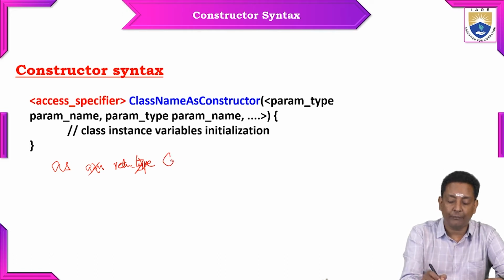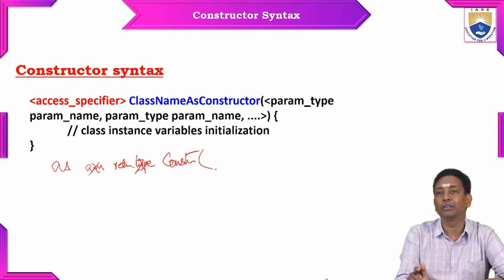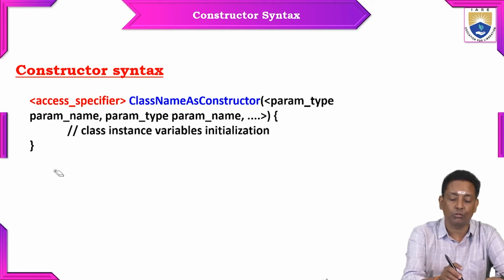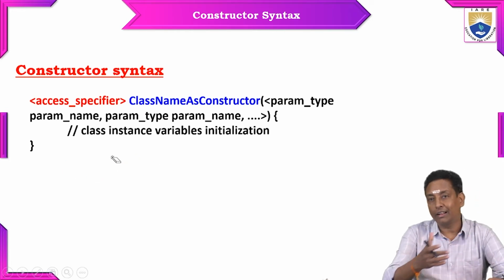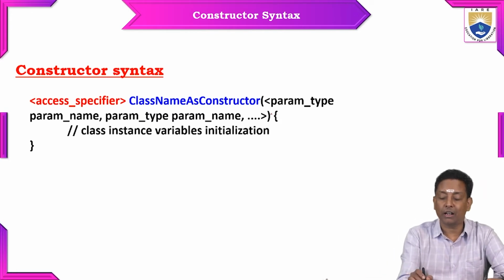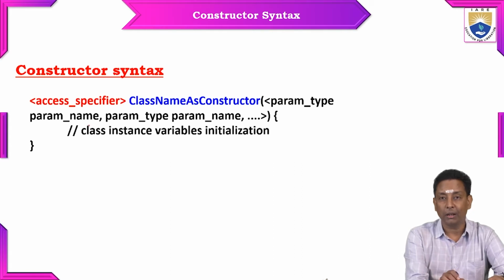Then followed by the constructor name, same as the class name, and then a list of parameters. We can write no parameter, one parameter, or any number of parameters as we want in the constructor. The parameter type we write first, like int, string, float, double, char or boolean, then followed by the parameter name.